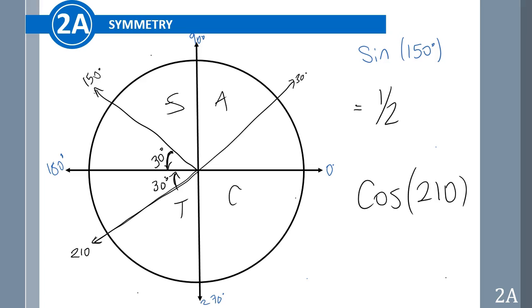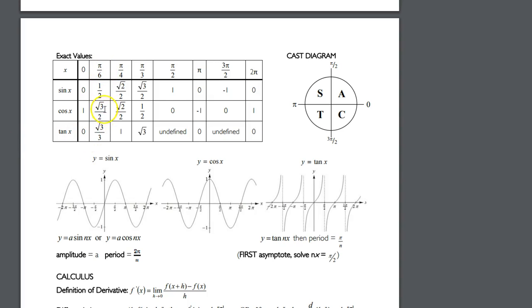What we want to find out is, is it positive or negative, and what is the value? I'm going to find the value using my formula sheet. Cos of 30 is root 3 on 2 here.